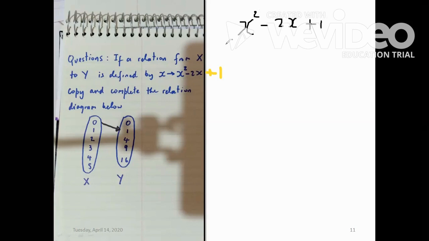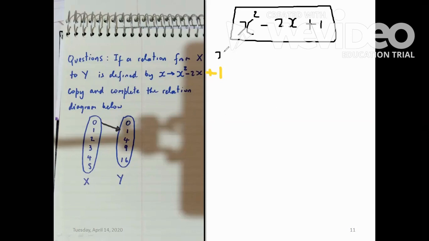So this is our rule. Remember I told you that the rules can change? So this is our new rule. They give us the x values, which are the domain, and when they give us the y values, they give us the answer. What they're saying is that if I put x equal to 0 in this particular rule, you're supposed to get 1. So let's give it a try.